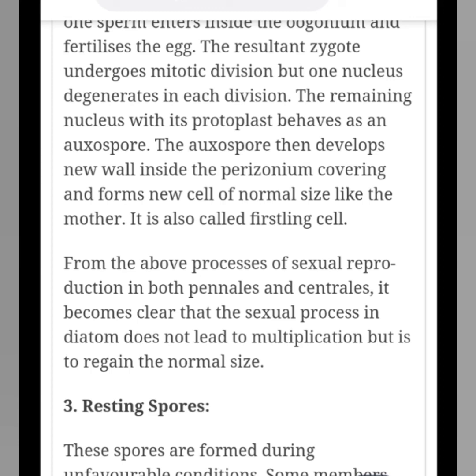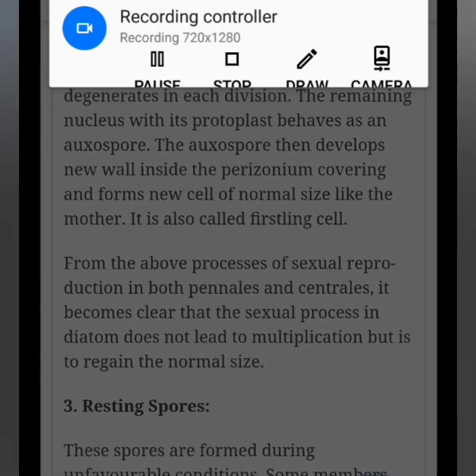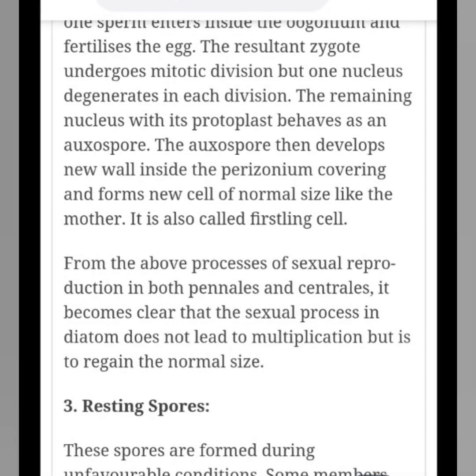So this is just to show you what the resting spores are. These are the spores which form during unfavorable conditions. Suppose the climatic condition is not favorable for the growth of the diatom, then these types of spores will form, known as resting spores. Some members reproduce by the formation of thick walled resting spores known as cysts or statospores, and they are formed in this species Melosira.